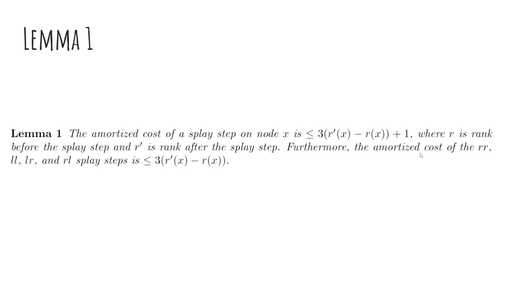Furthermore, the amortized cost of the RR, LL, LR, and RL splay steps is this operation. These letters R and L represent a rotation to the right with R and a rotation to the left with L. So this could be zig-zag, zig-zig, zig-zag, or zag-zig.